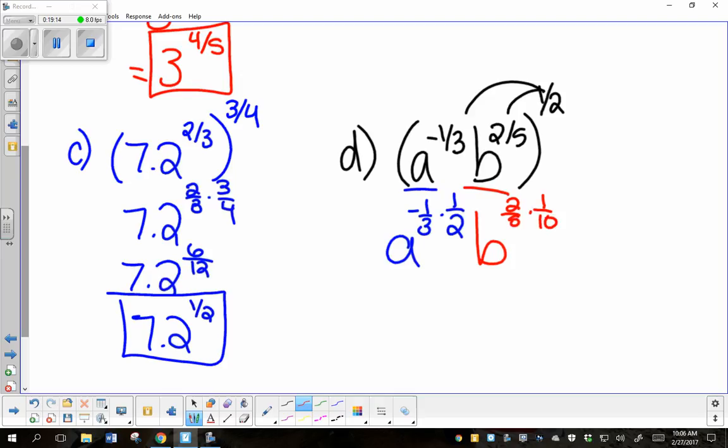So we're taking a half of 2/5, which we should know what that is. A half of 2/5 is 1/5. So now let's go ahead and multiply those. So this is going to be a to the negative 1/6, and then b to the 1/5.